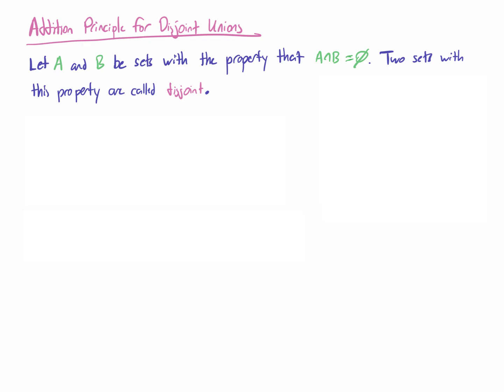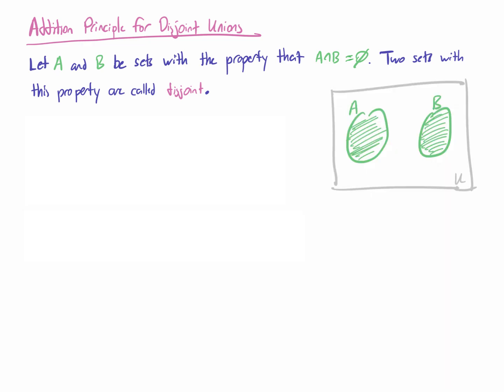And there's a kind of intuitive picture here of two disjoint sets. So here's my universal set in gray. Here's A, here's B, and in the Venn diagram, they have no overlap. If I ask myself, what's the cardinality of the entire green area here, all of the shading here and all of the shading here, what I'm asking about is the cardinality of A union B. That's all of the green area.